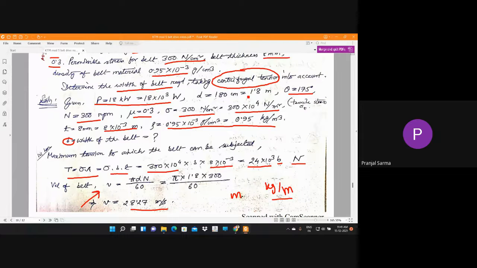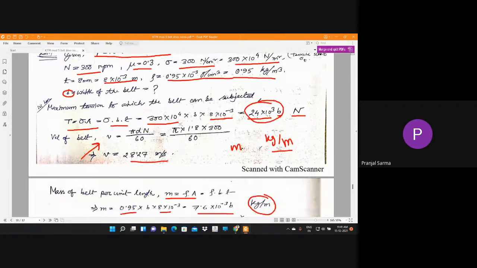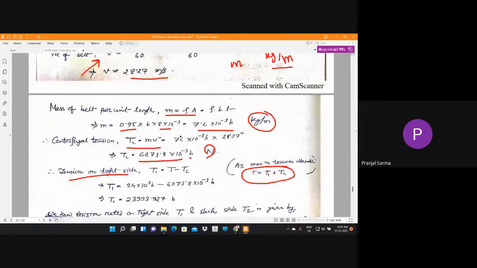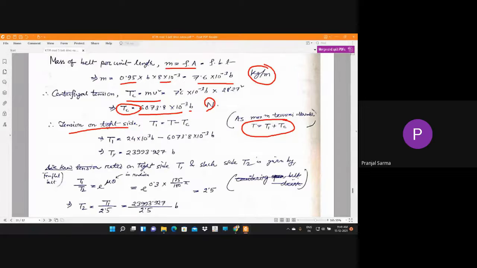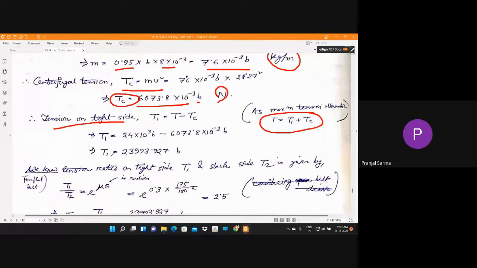Yes, so we have the maximum tension we have found out here. And the Tc just now we have obtained. So T1, that is the maximum value in the tight side, we'll be able to find out. So after simplifying, we have obtained T1 to be this value in terms of b, and unit will be Newton. Write down Newton here. Okay, so this will be Newton only.